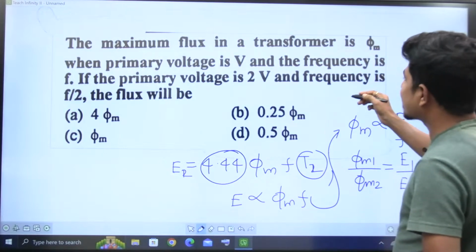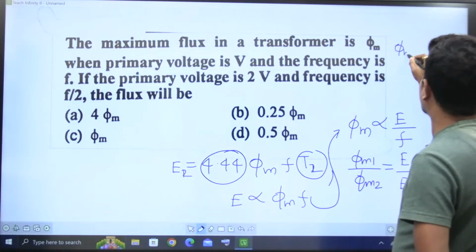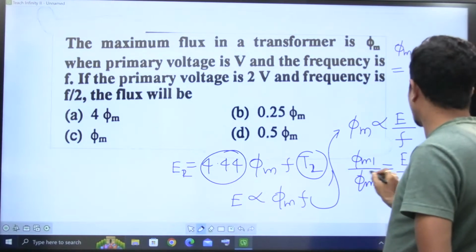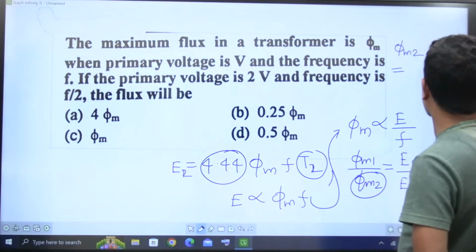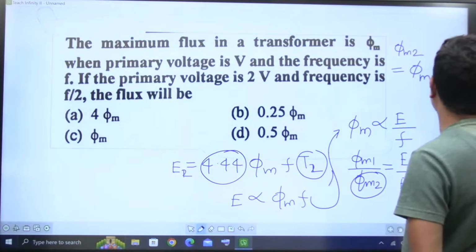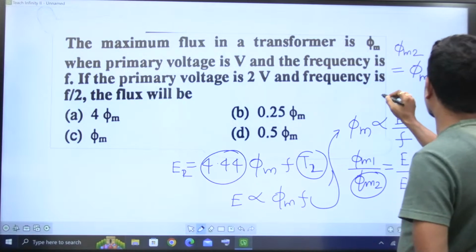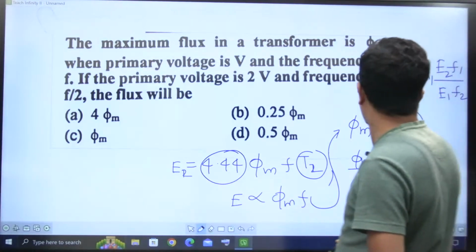Now he is asking about flux Φm2. So Φm2 equals Φm1 into E2 into f1 by E1 into f2.